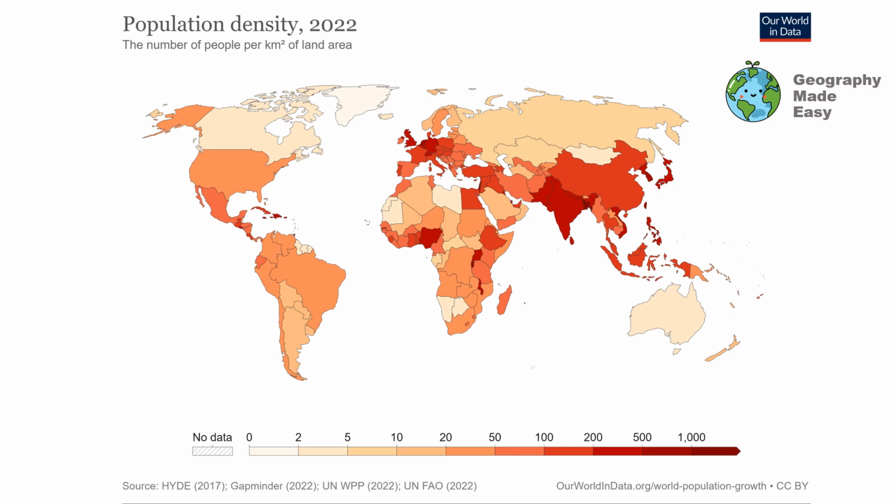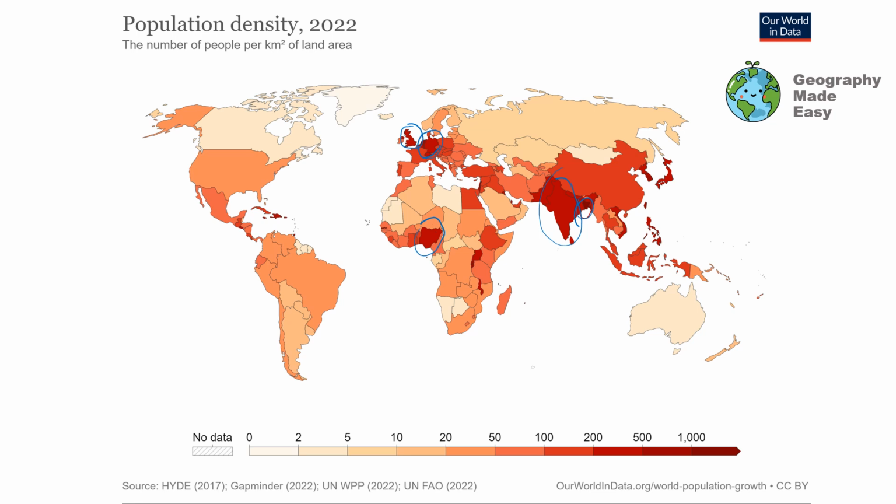Let us look at the density of population. This is a map showing the density of population of the world, and we see that some of the densest populations are represented with dark maroon, followed by countries such as India.